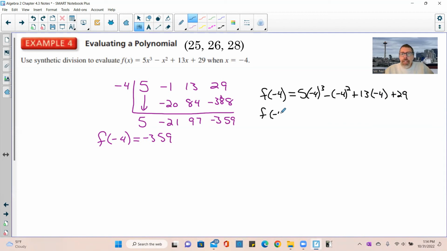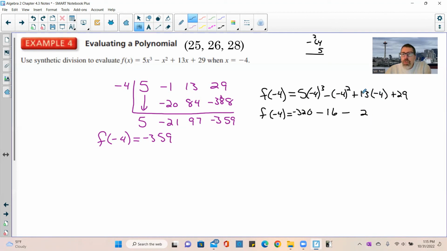So f of negative 4 equals: 4 to the third power is 64, and it's negative 64. Negative 64 times 5, which is 20, and 6 times 5 is 30, so that's 320, and it's negative, because a negative to the third power is negative, and a negative times 5 is negative 320. Negative 4 squared is a positive 16, but it's minus that positive 16, or just simply minus 16. 4 times 13, and this is a positive times a negative, so it's minus again. 4 times 3 is 12.